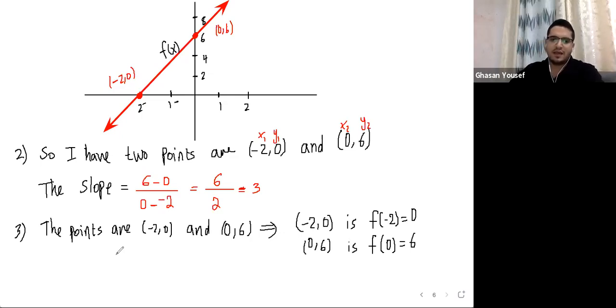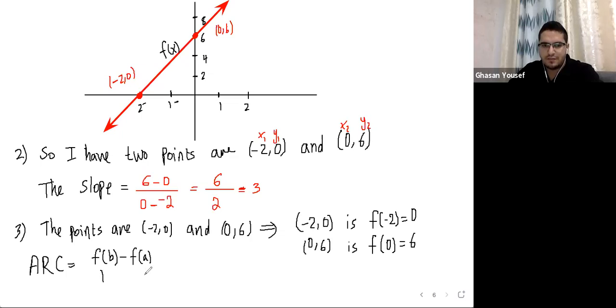Now let's apply the average rate of change formula. Average rate of change equals f of b minus f of a over b minus a. Now, this point here is my b, and this is my a.